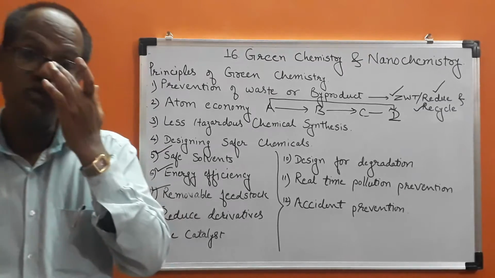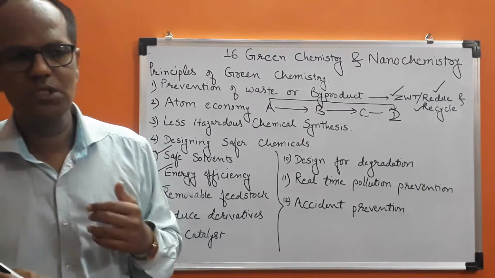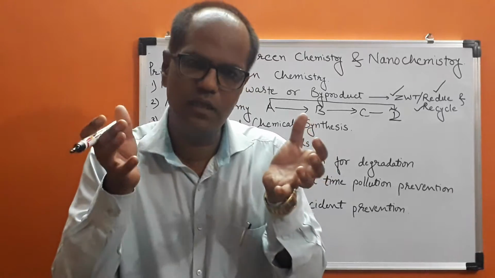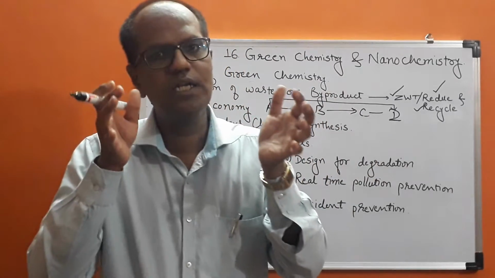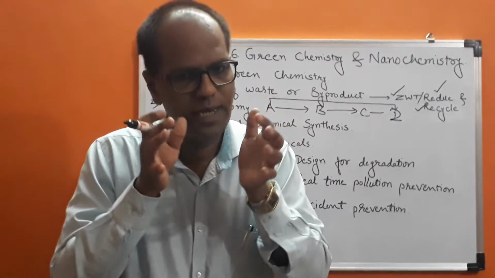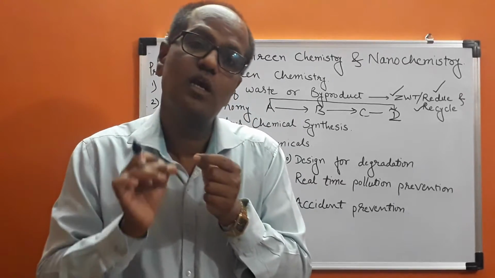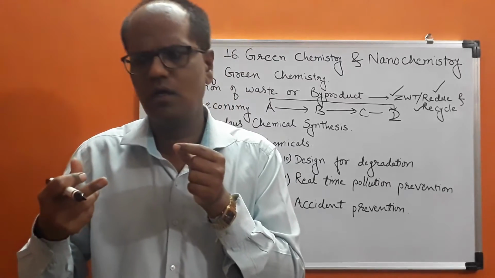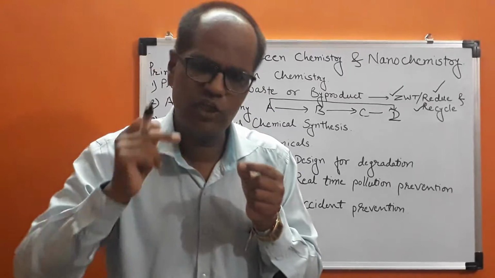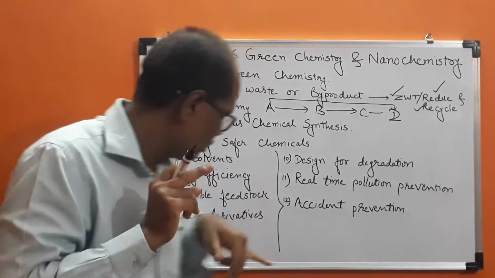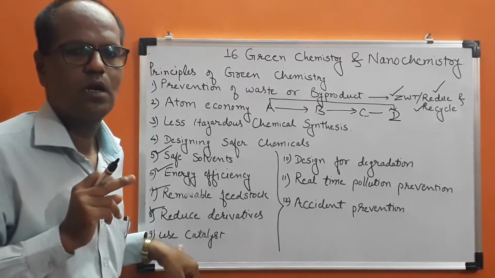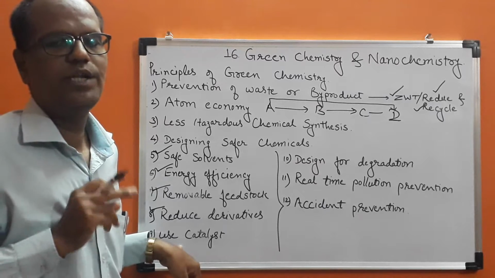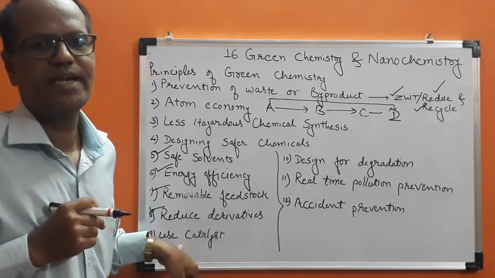After that, use of catalyst. What happens is, when you use the catalyst, the reaction is conducted in less time. If you are completing the reaction in less time, means you are reducing the energy. For example, in hydrogenation of vegetable oil, nickel, platinum, palladium is used as a catalyst.